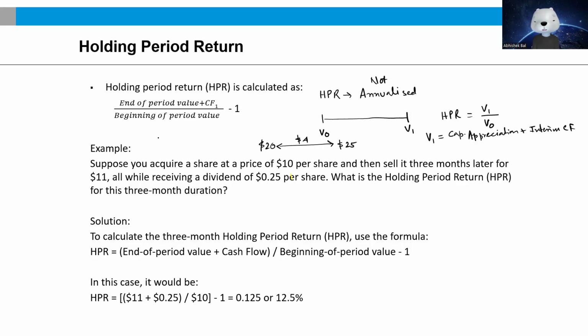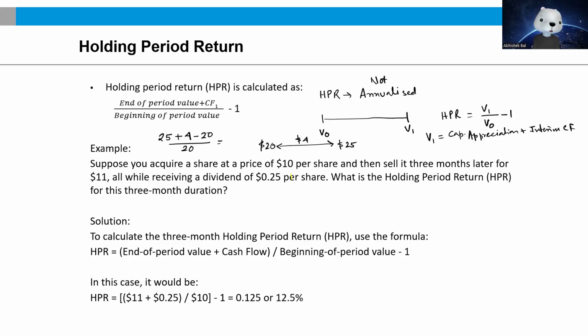So my holding period return is going to be 25 plus 4 minus 20 divided by 20. If we solve this, it's somewhere close to 40%, if I'm not mistaken.